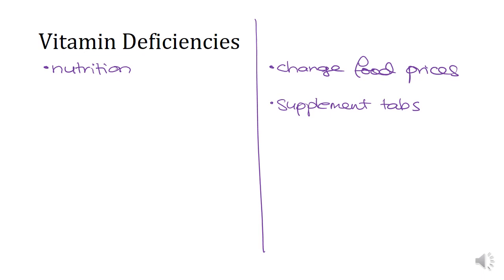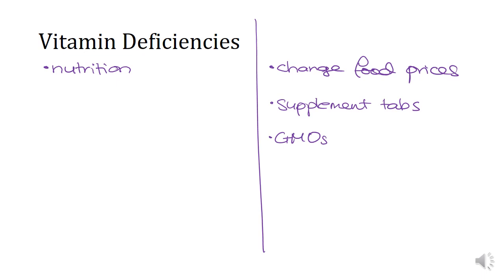But one of my favourite ways we could treat this, and this is just me being a massive science nerd, are GMOs. There is a GMO variant of rice called golden rice, and this rice is literally yellow.